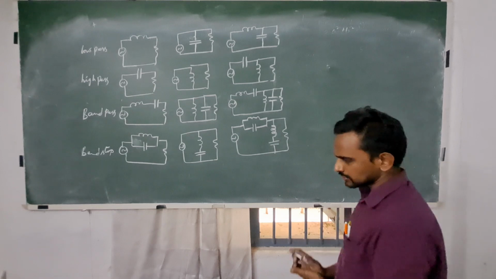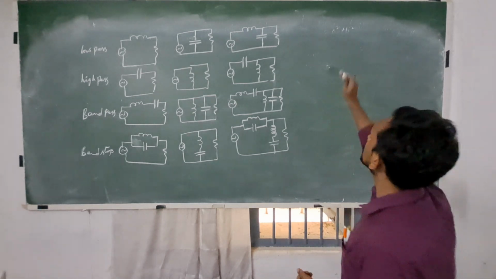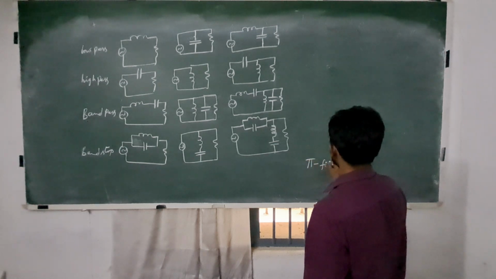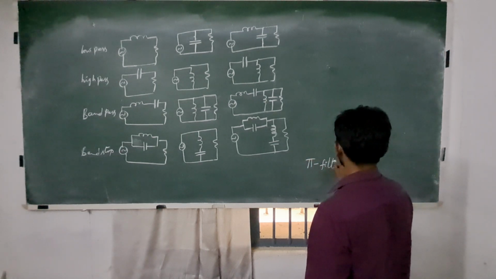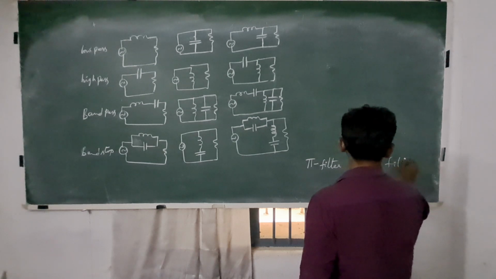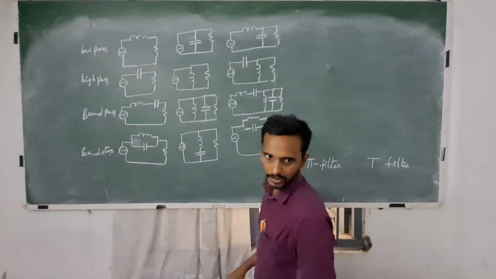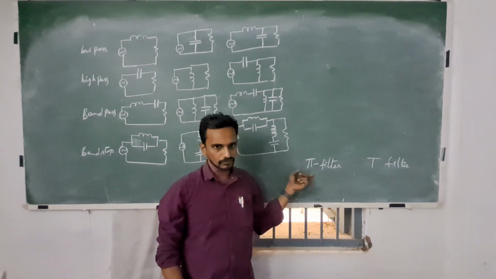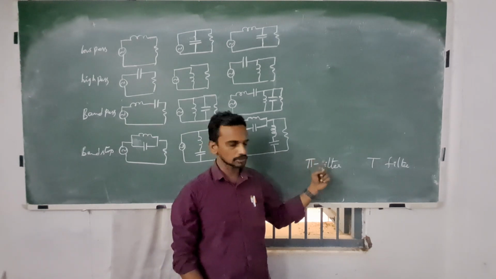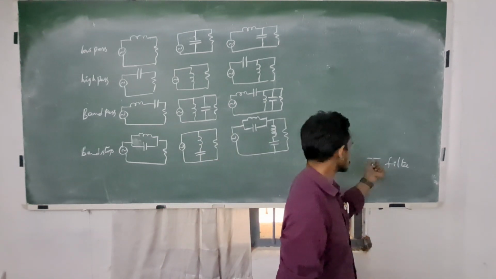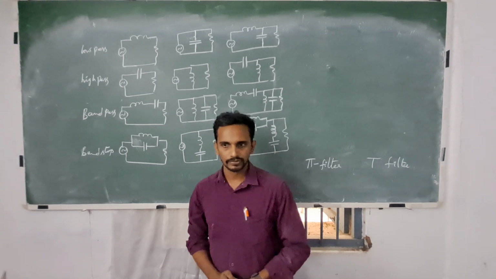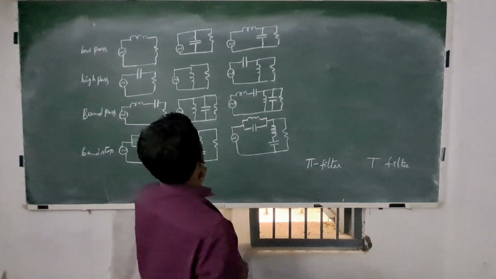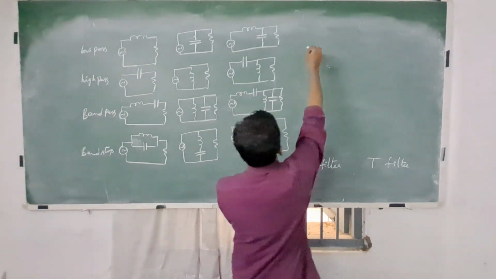These are the simple versions. Another most widely used version is the pi filter and T filter. A pi filter contains two grounded components and one allowing component. A T filter contains two allowing components and one grounded component. If I want to develop a pi filter for low pass, how will it be?